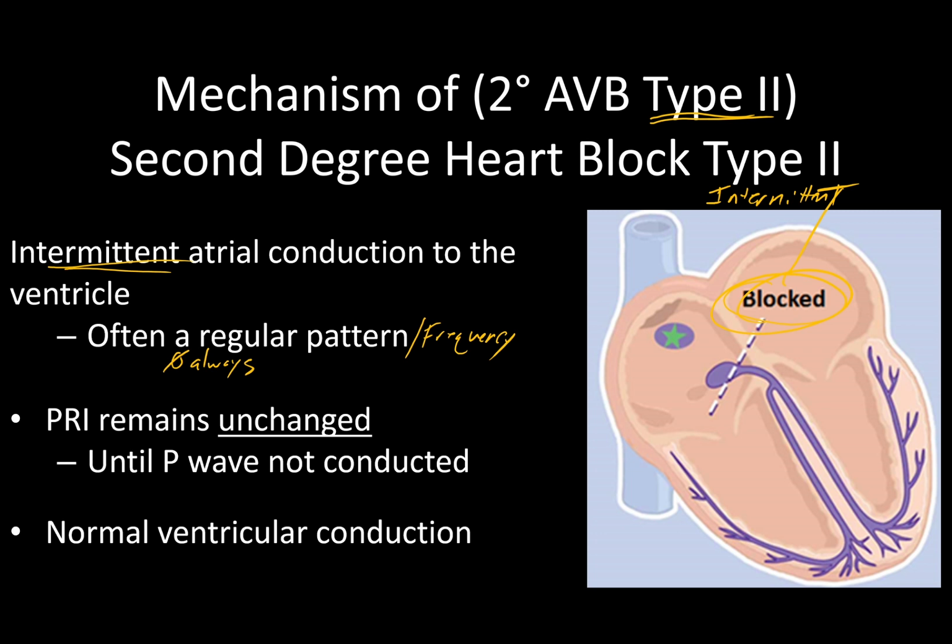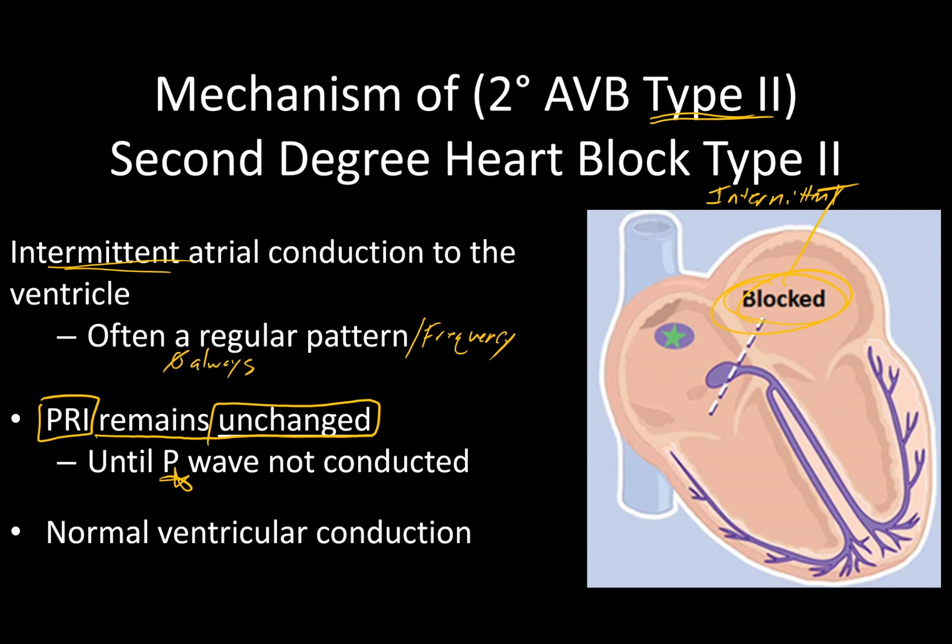But that pattern and all of that kind of stuff, what it really boils down to is that your PRI remains unchanged. And that's the most important part on there, that each PRI is the same, until suddenly a P wave is not conducted, and that goes right back to being exactly the same PRI it was beforehand. And that's what separates this from second degree Type I, where in Type I you get that PRI that gets longer and longer till it drops.